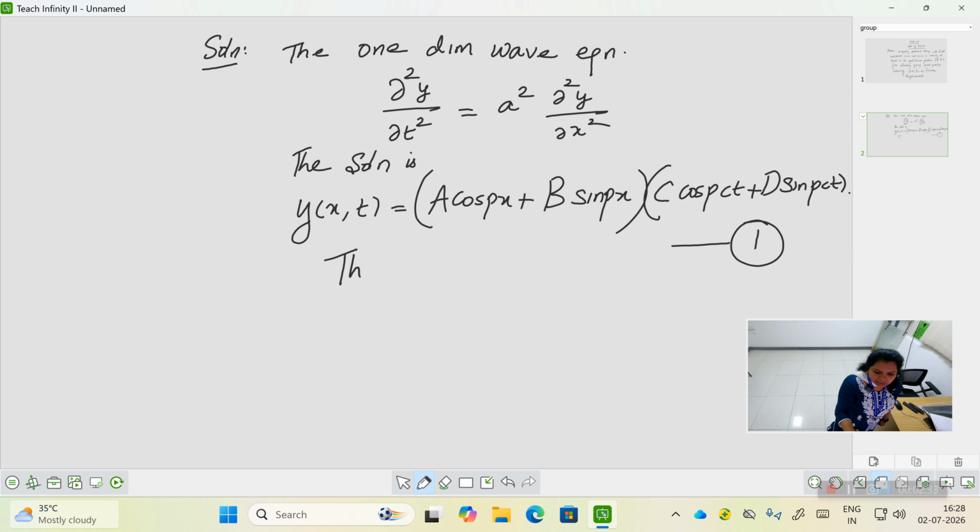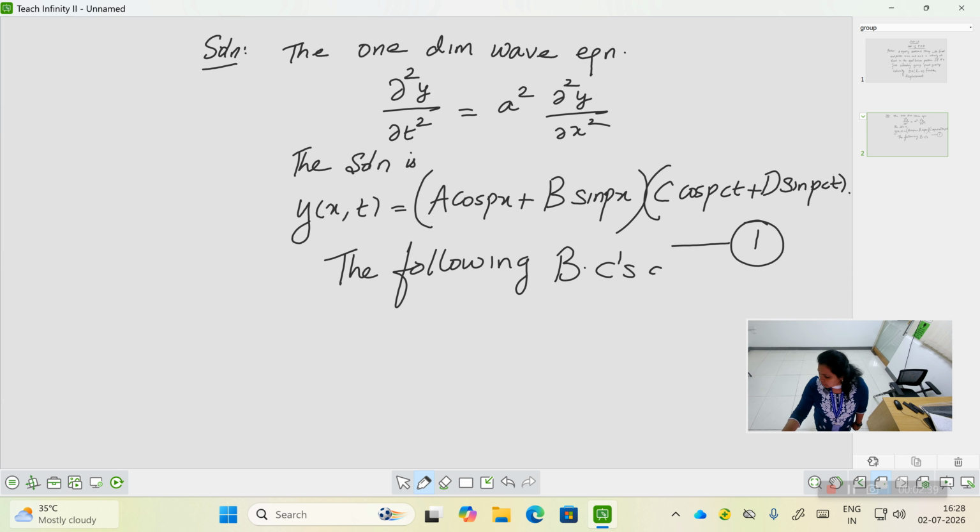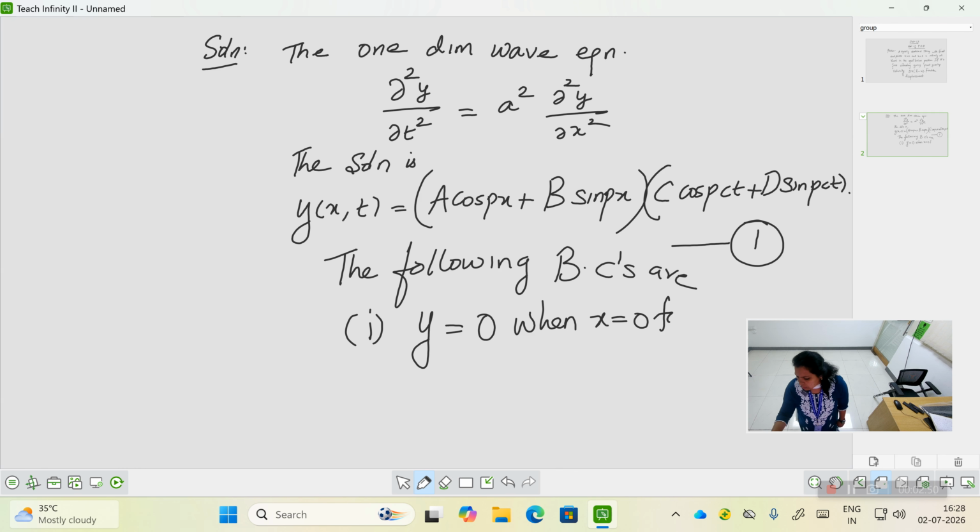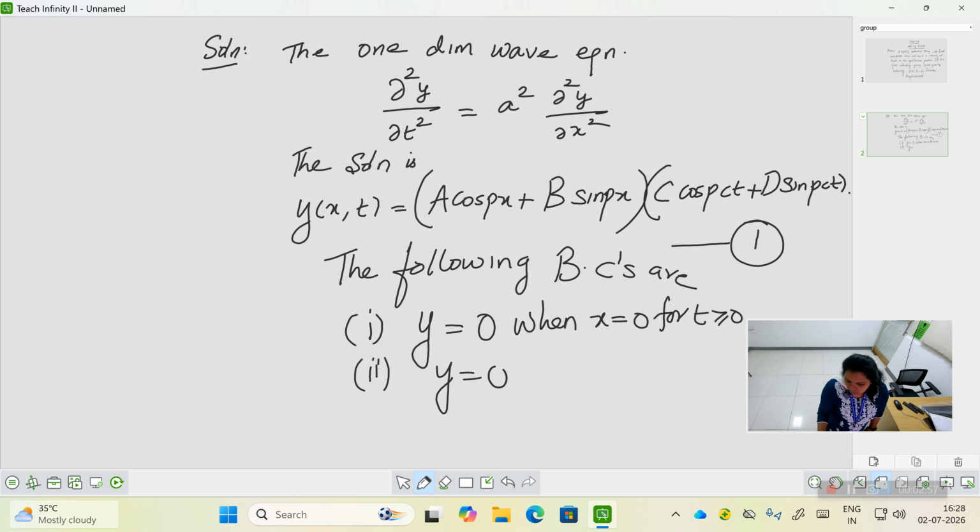What are the boundary conditions given in the problem? The following boundary conditions are: number 1, y equal to 0 when x equal to 0, because the endpoints are given in the question, for t greater than or equal to 0. Number 2, y equal to 0 when x is equal to L, because length is given in the problem, same condition, t is positive.